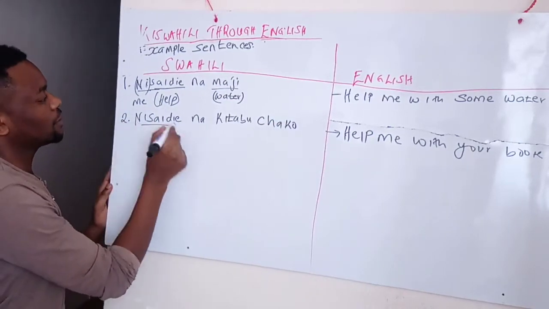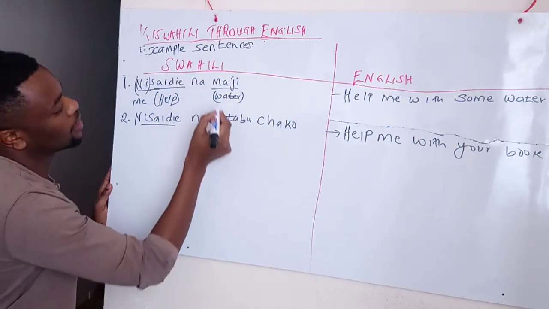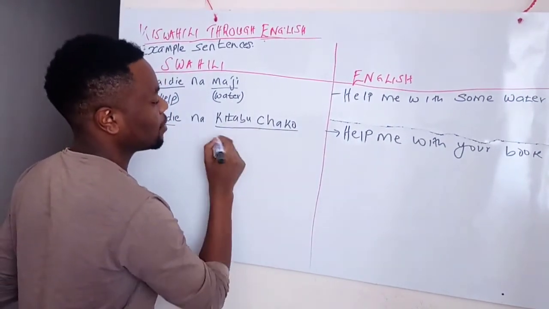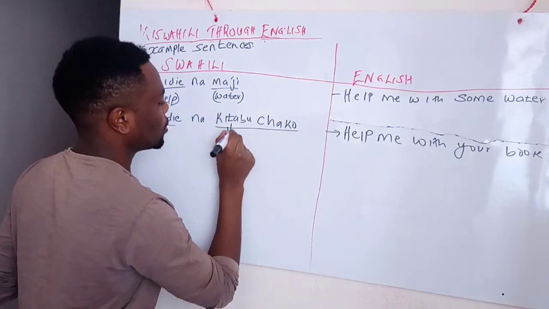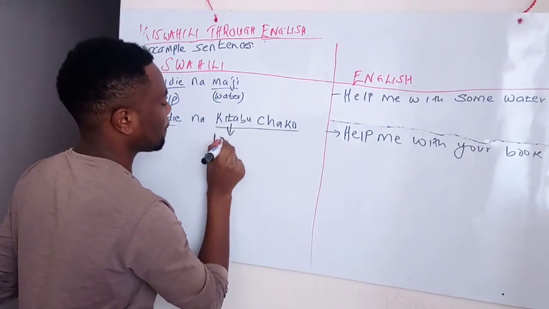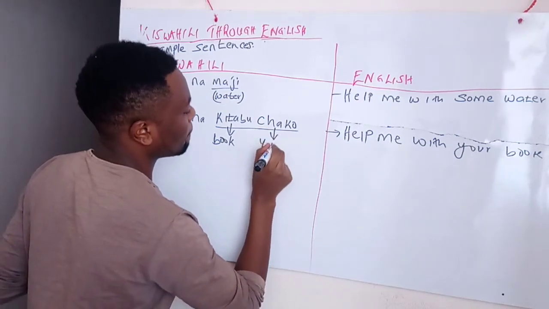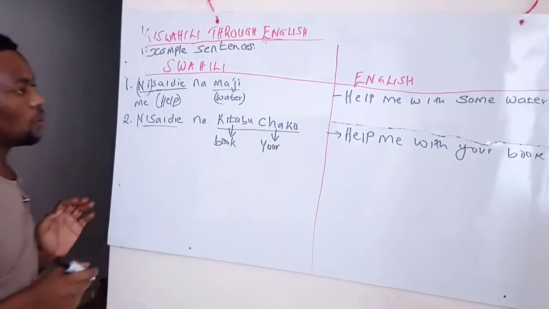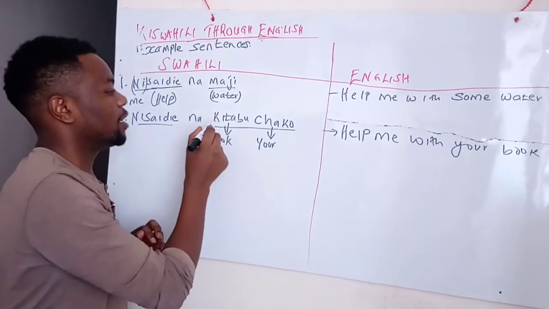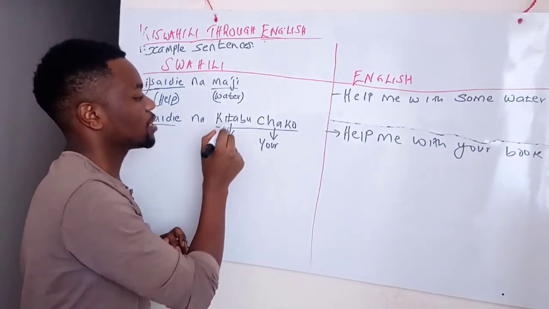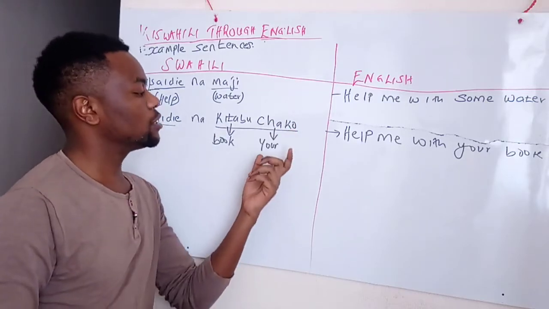In this part, nisaidie na kitabu chako, kitabu is book, and chako is your. So the Swahili word for book is kitabu, and chako is your.